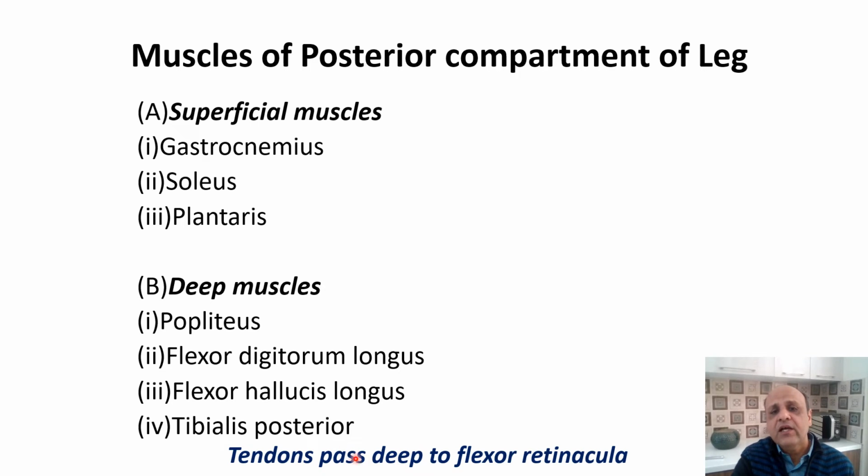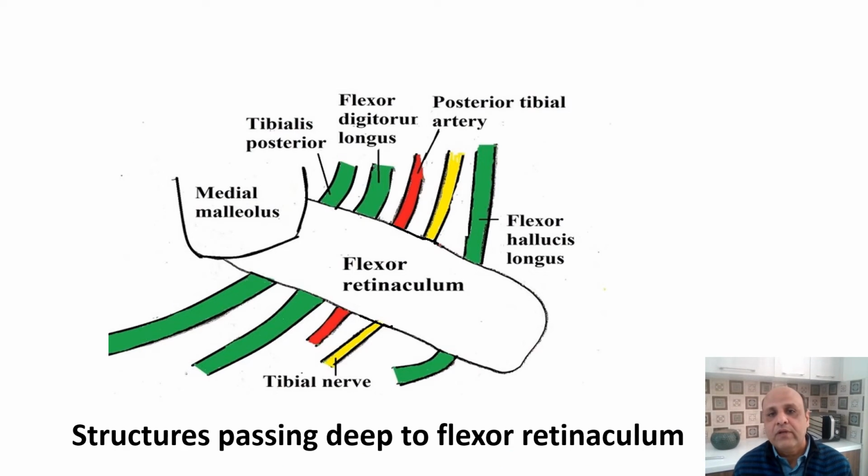So the tendons of all these muscles except the popliteus pass deep to the flexor retinaculum. Now the flexor retinaculum extends from the medial malleolus to the medial tubercle of the calcaneum, and the structures of the back of the leg pass deep to the flexor retinaculum. Now the mnemonic here is Tina deserves a nice husband.